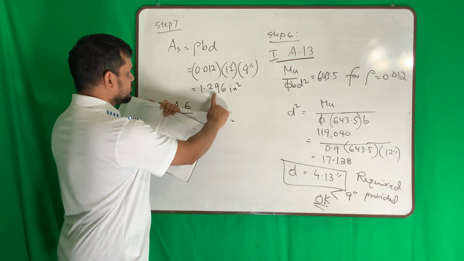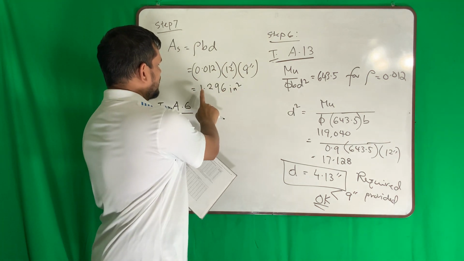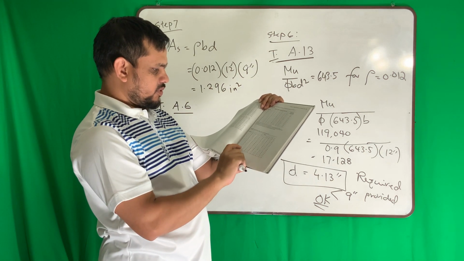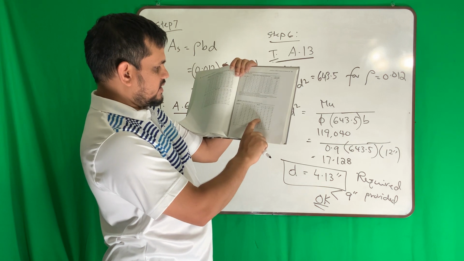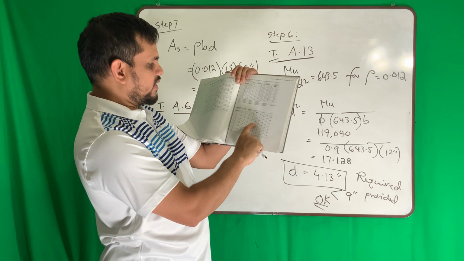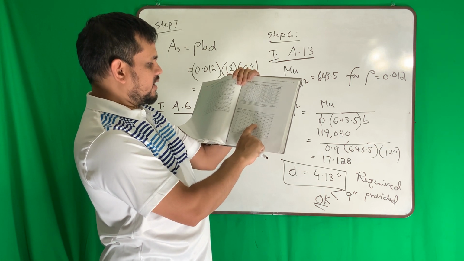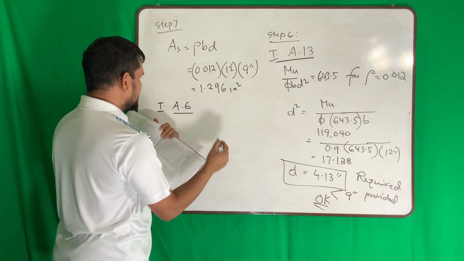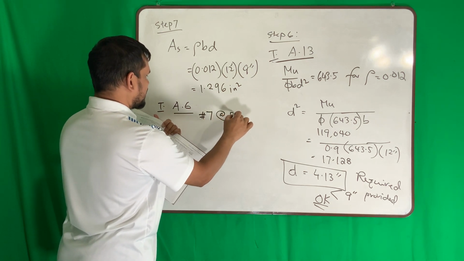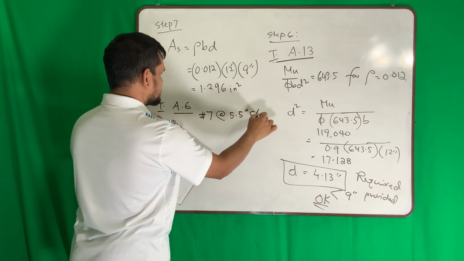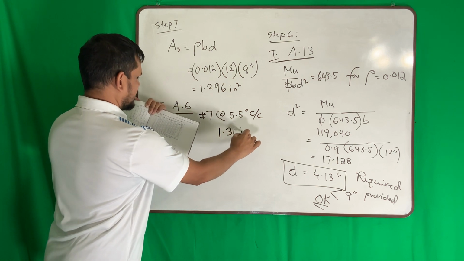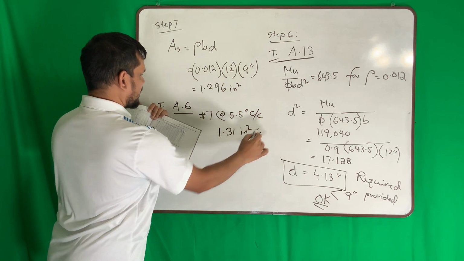I need 1.296. You can see here 1.31, number 7, 5.5. If I provide number 7 at the rate of 5.5 inch center to center, I am providing 1.31 inch square per feet.